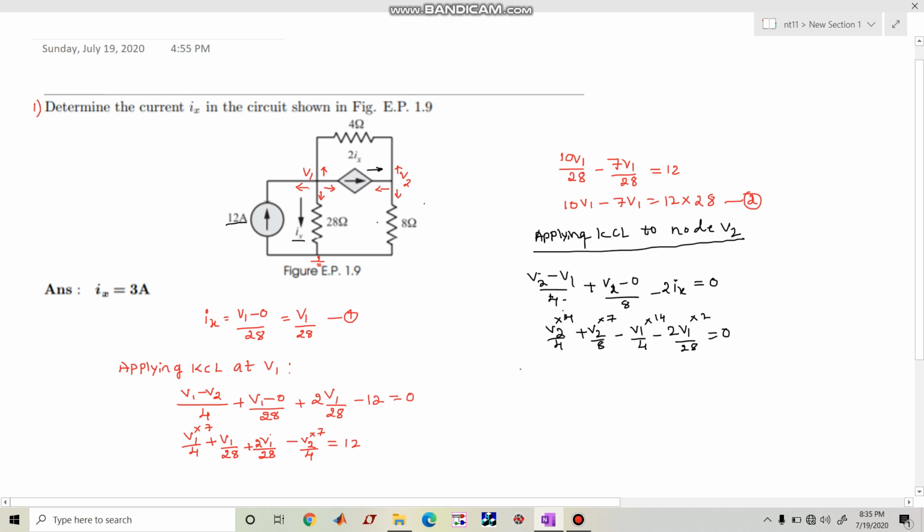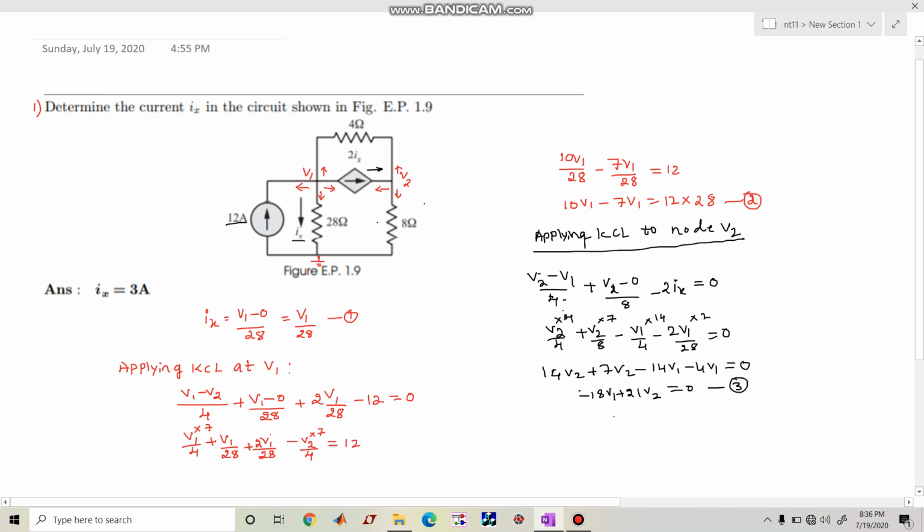Now we can rewrite the above equation as 14V2 plus 7V2 minus 14V1 minus 4V1 by 56. This 56, if it goes to the right side, we'll get 0. So 14 plus 7 is 21V2, its sign is plus. Minus 14 and minus 4 is minus 18V1 equal to 0. This is equation number 3.